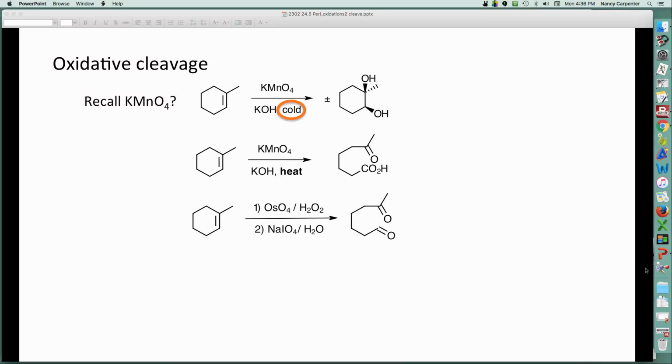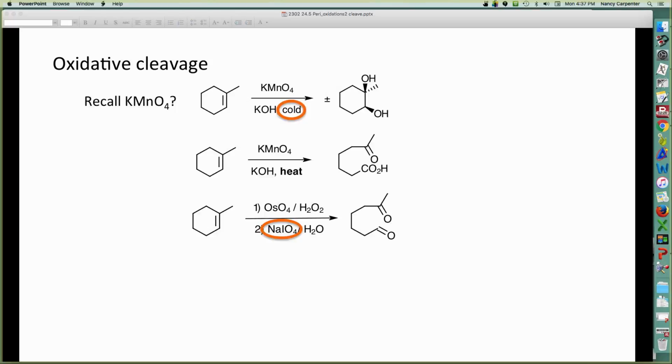Osmium tetroxide. Wait. I thought osmium tetroxide gave us a syn diol. Well, it does, but in a subsequent step, if you add sodium periodate, this set of reagents too will lead to oxidative cleavage.